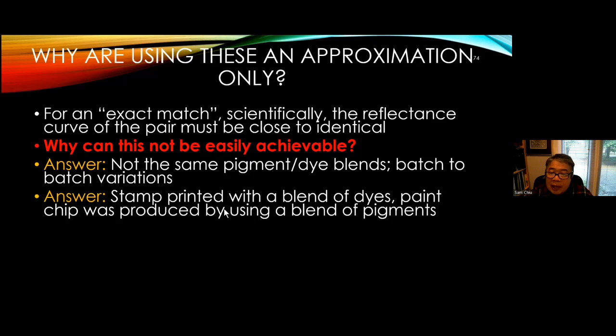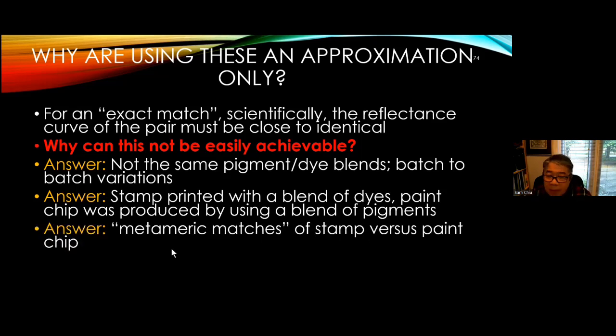So stamps are printed usually with dyes or pigment, whereas the paint chip that you pick up at the store now is usually made with pigment, yet the stamps may not be. We saw the metameric matches of the stamp versus a paint chip, the three chips A, B, C and so on.